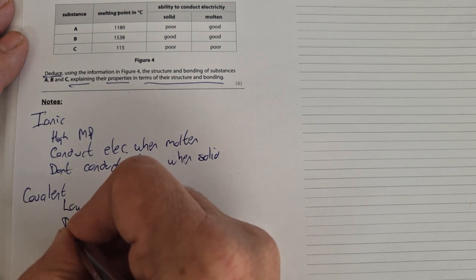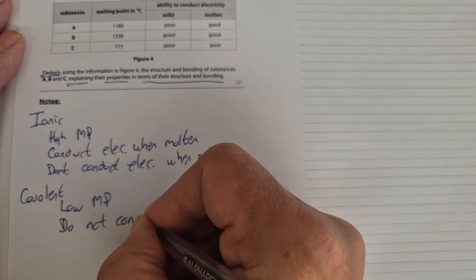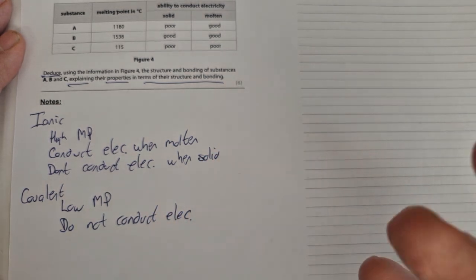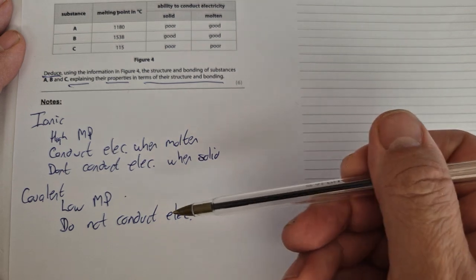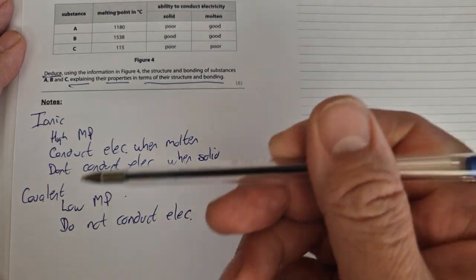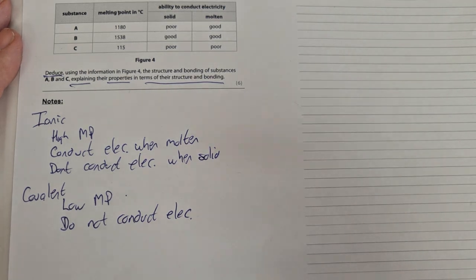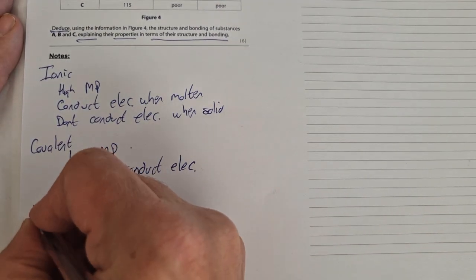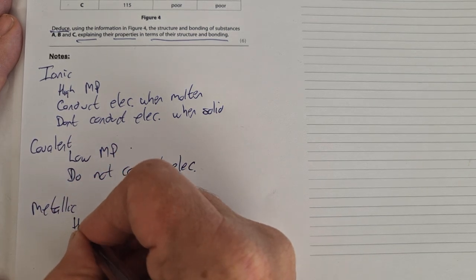And they do not conduct electricity. That's because the electrons are shared. So although the intermolecular forces are weak, the actual covalent bond itself with the sharing of electrons is very strong. So there are no free electrons, they can't move, they can't carry that charge. And then finally, we've got metallic, which have a high melting point.